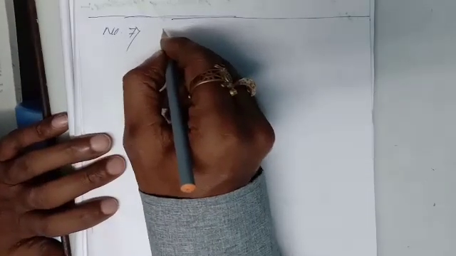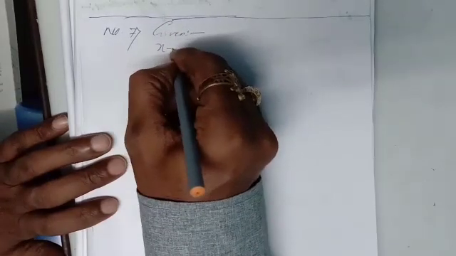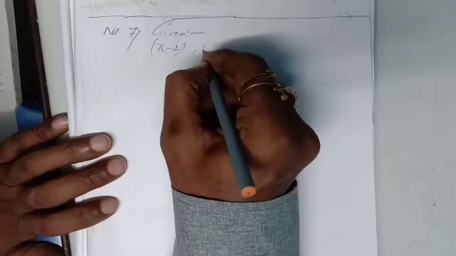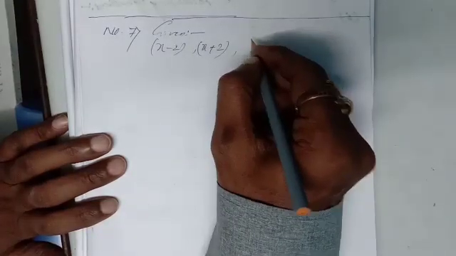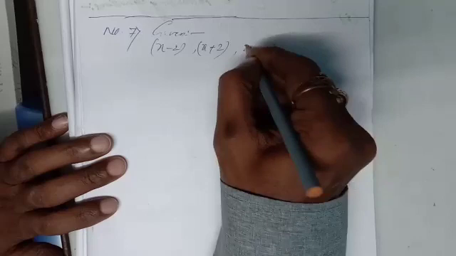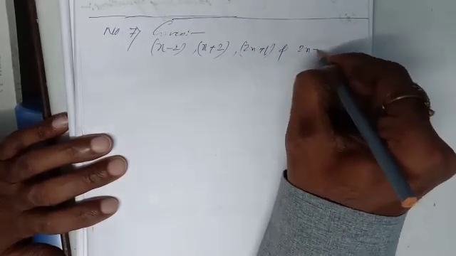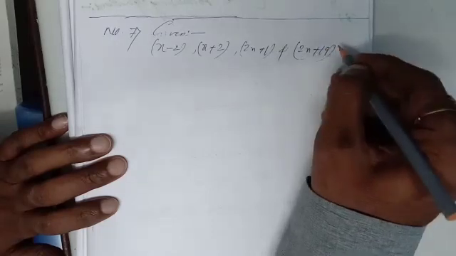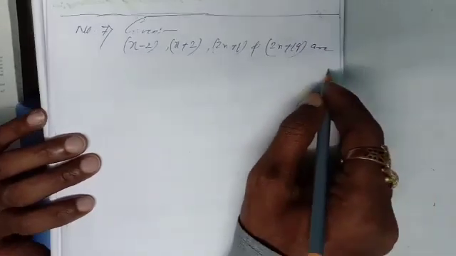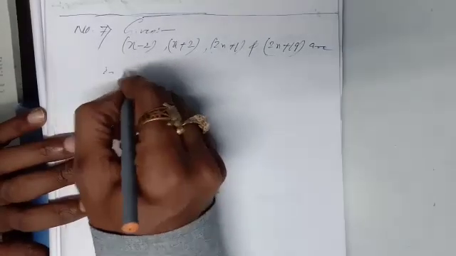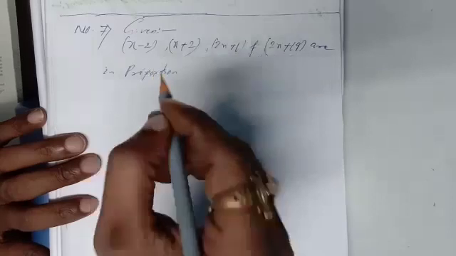It is given, what is given? x minus 2, x plus 2, 2x plus 1 and 2x plus 19 are in proportion. It is given.